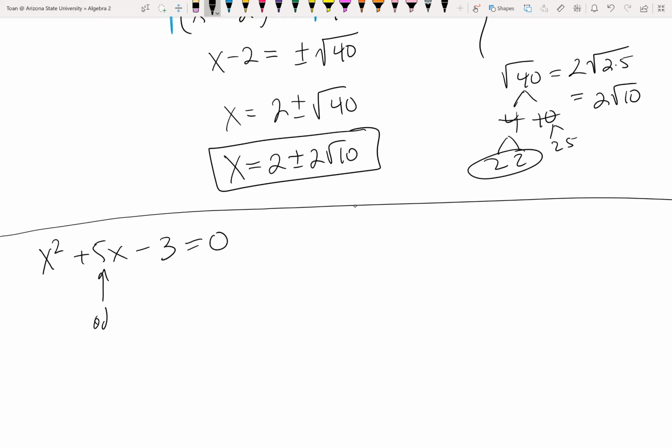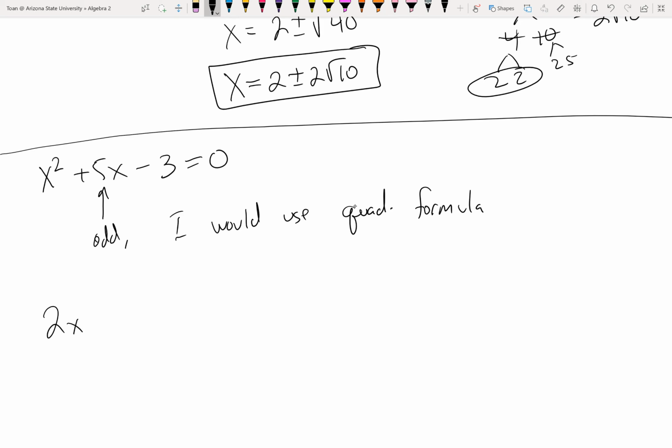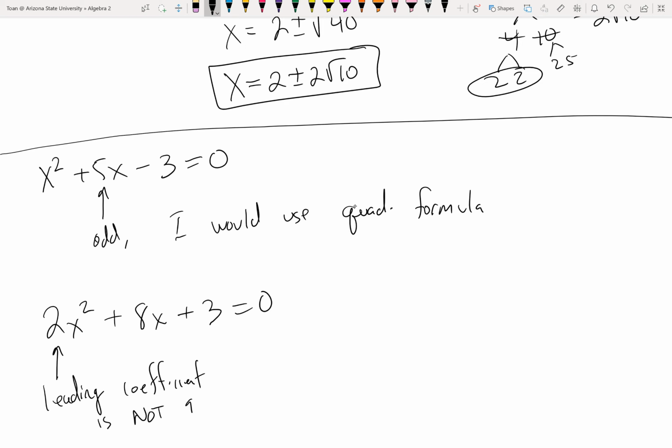Because this middle term is odd, I would use the quadratic formula. What if I had something like 2x squared plus 8x plus 3 equals 0? Well, this middle term is even, so that's good, but the leading coefficient is not 1.